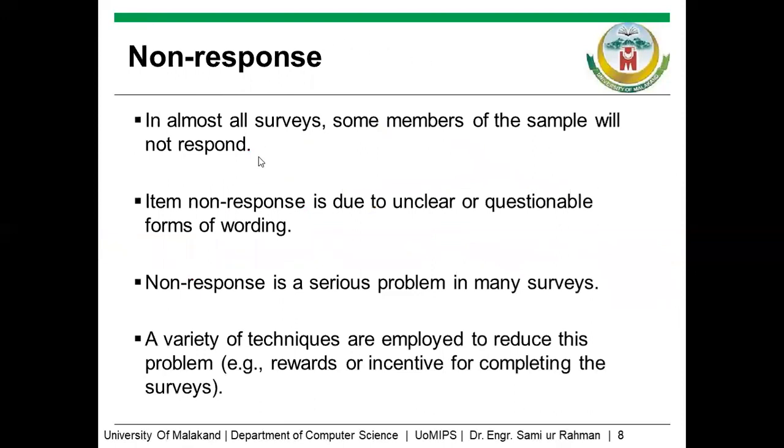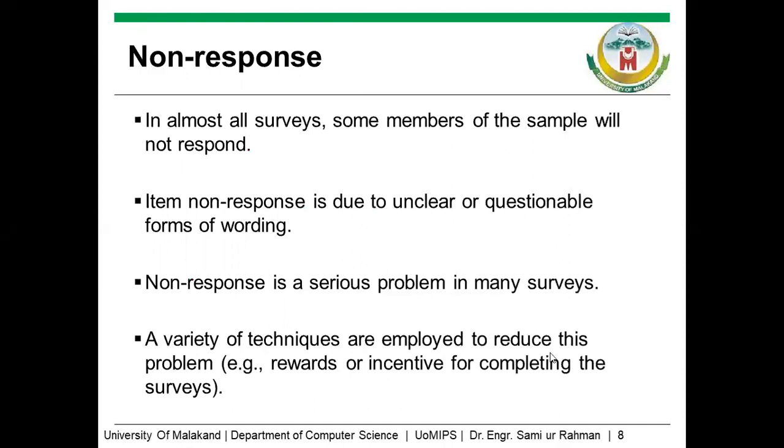Okay, now non-response. In almost all surveys, some members of the sample will not respond. Okay, item non-response is due to unclear or questionable wording, and non-response is a serious problem in many surveys. Yes, because many people don't respond.